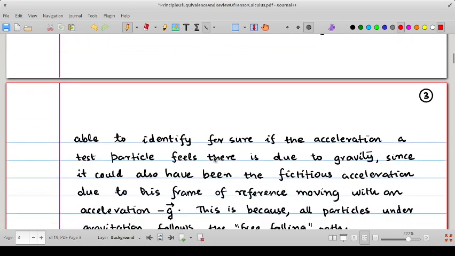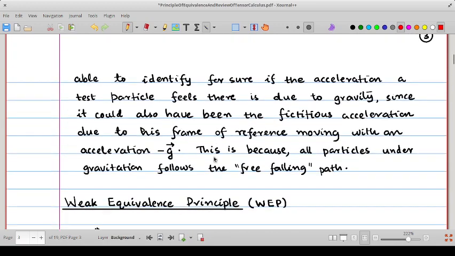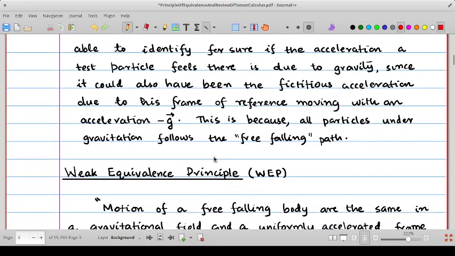If it was an electrostatic force, of course he will be able to say, because then he can use a charge. Say if initially he was studying motion of a charged particle with charge plus q, he could take another particle with charge minus q.